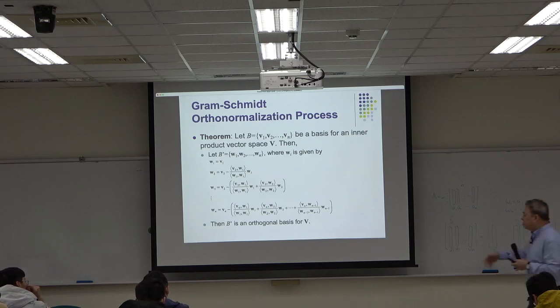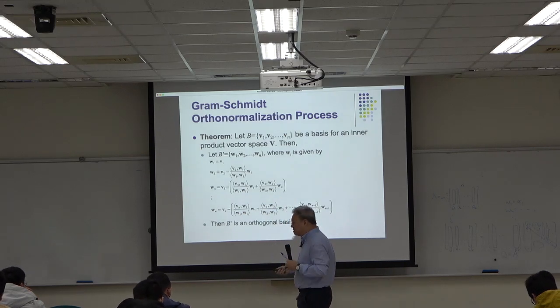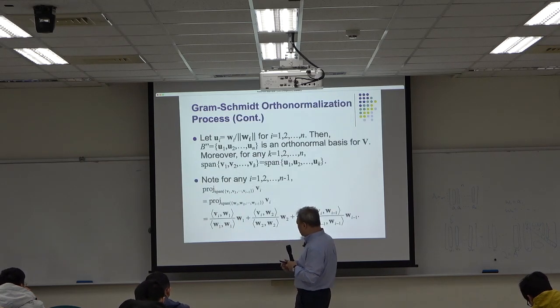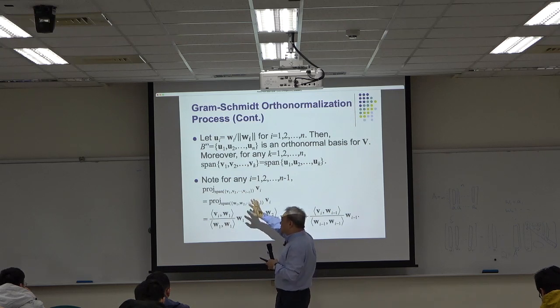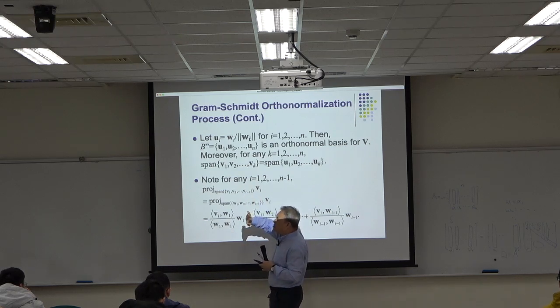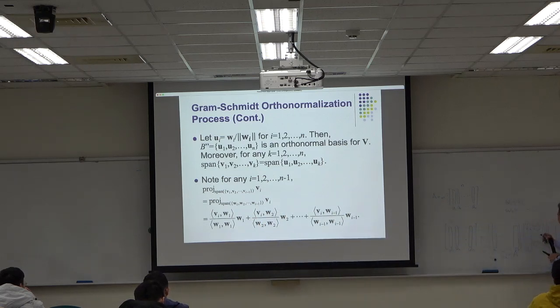If you try to represent this in a matrix multiplication, it's like Vi getting rid of whatever you have from V1 to Vi minus 1. So the Vi guarantees a 1 at the diagonal position, the other part comes from the upper part, and all the stuff below will be 0.